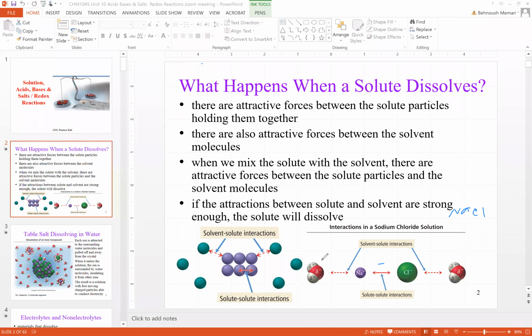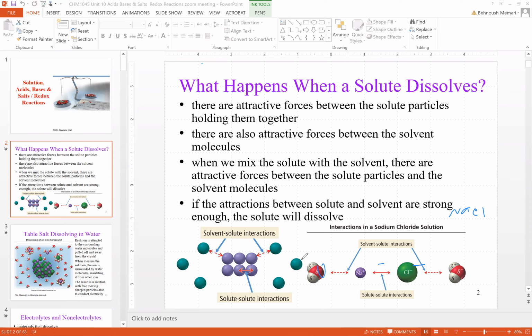molecule, since it's polar, the plus side or positively charged part of the molecule is going to attract the chloride ion, and the negatively charged side of the water molecule is going to attract the sodium ion, and so sodium and chloride are going to separate.